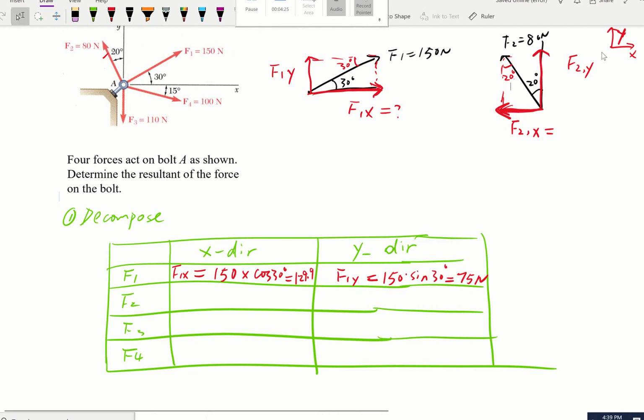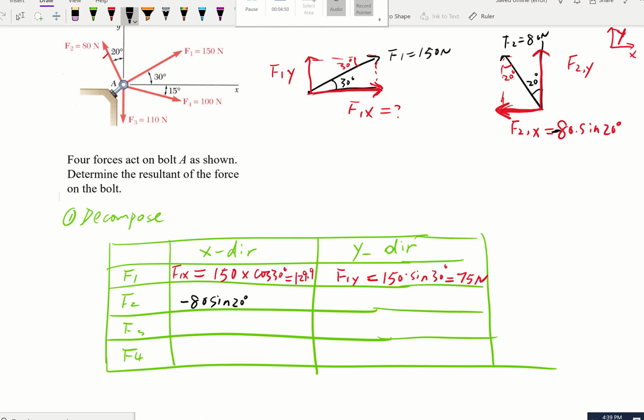Rule of thumb, if it's opposite, you use sine. So we use 80 times sine 20. However, remember this force is going to the left, so be really careful: there is a negative sign in front of it. I cannot emphasize enough, the sign is very important. So F2x is negative 80 sine 20 degrees.